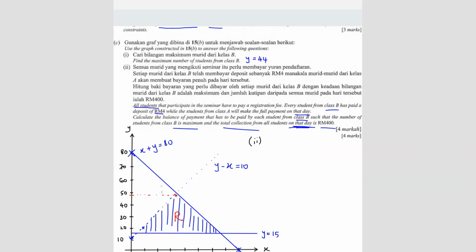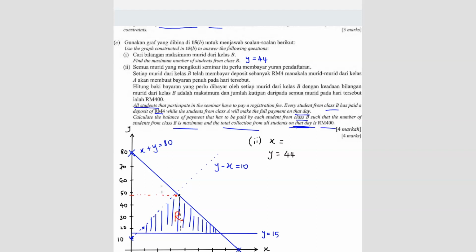So we have to find the maximum first. They said that B has to be maximum. So when B is maximum, we already got from the previous answer that it has to be 44 students. So what will be the x value? When you find the maximum x students, it should be at this point.